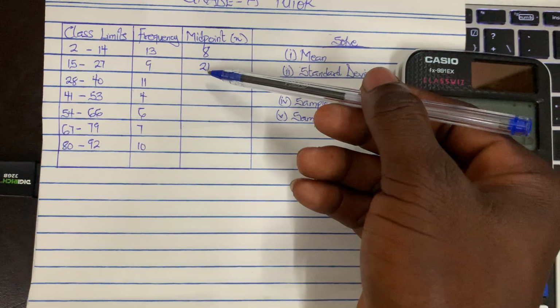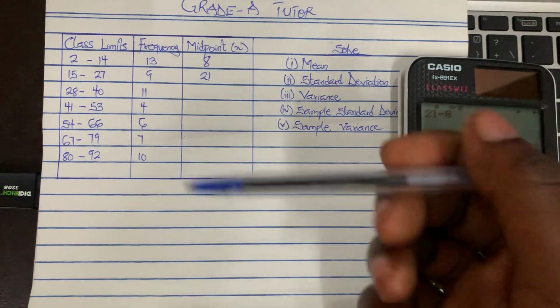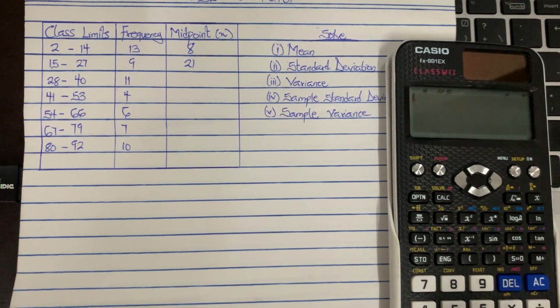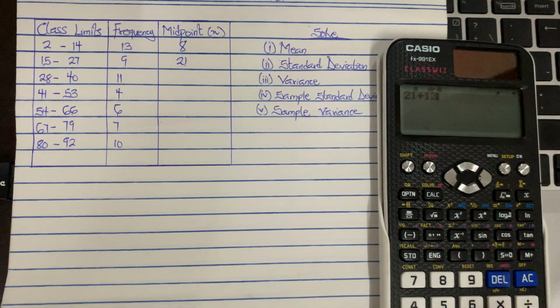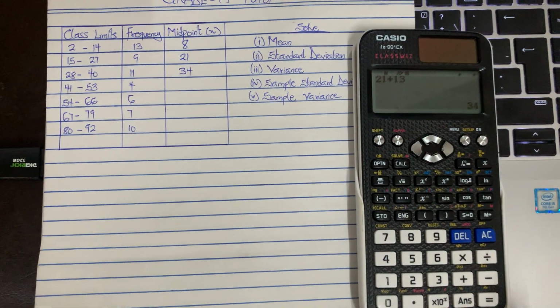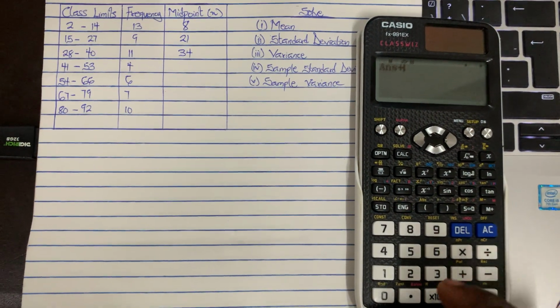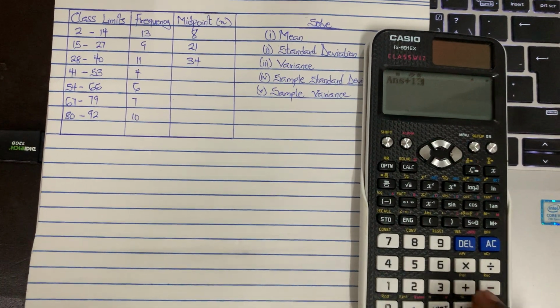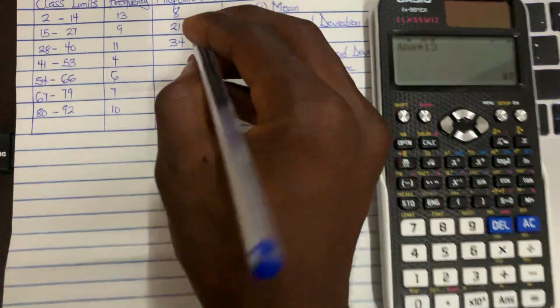So the number here is 21. Let's add 13 to the 21 and see what we get. 21 plus 13 will give us 34. So we have 34 here, right? Then we add 13 to the result again to get 47.